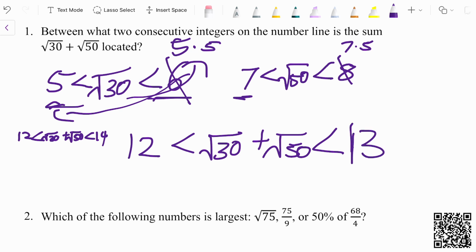So now we have a very consecutive line of numbers, and we squished it down to just the middle too. This means that the two consecutive integers on the number line on the two sides of the square root of 30 plus the square root of 50 are 12 and 13.